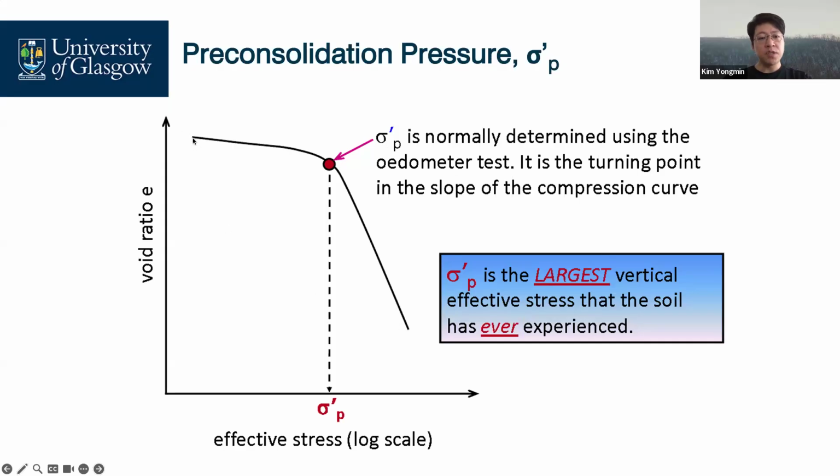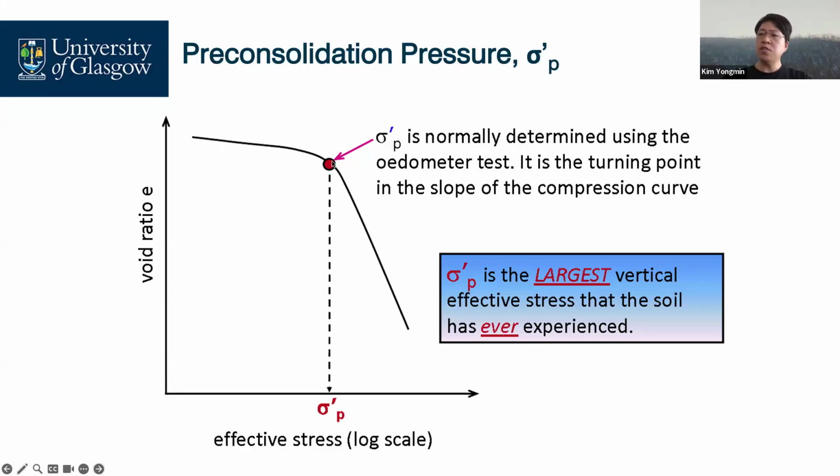Their volume change up to here is very small, right? From here to here, only this amount, right? Because this effective stress is smaller than the pressure I have ever experienced.